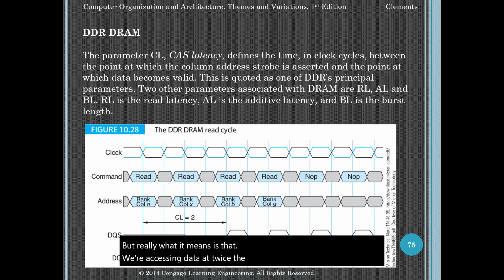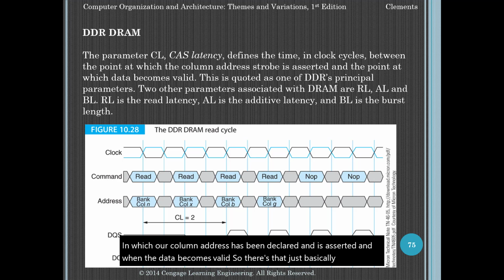So there's basically a point in time as we read on both ends of the clock where we have this latency of, is my data actually valid? Am I ready to use it?